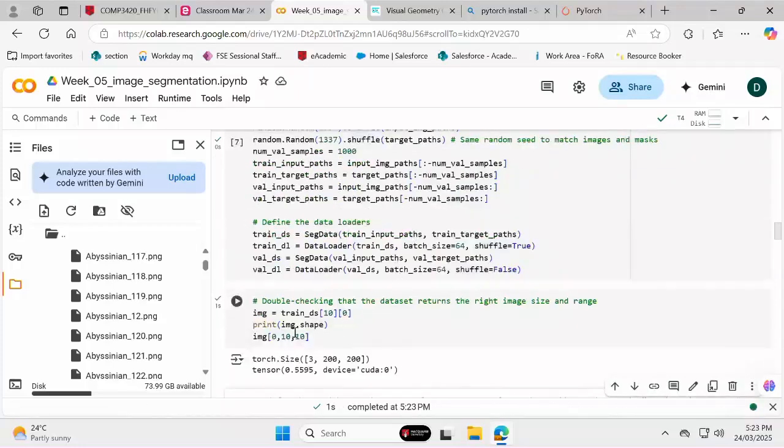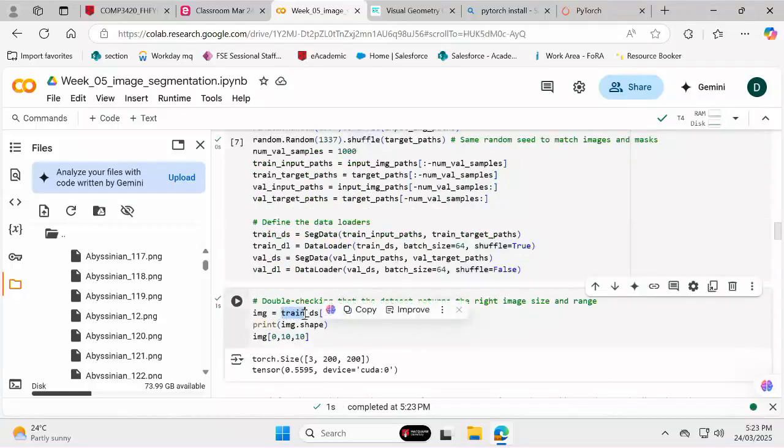So here what I did is take the training dataset, and then take sample number 10, and it's going to return the image and the mask. So get the image from sample number 10, and then display the shape, and display some pixel from the image to make sure it's within the range that we have.